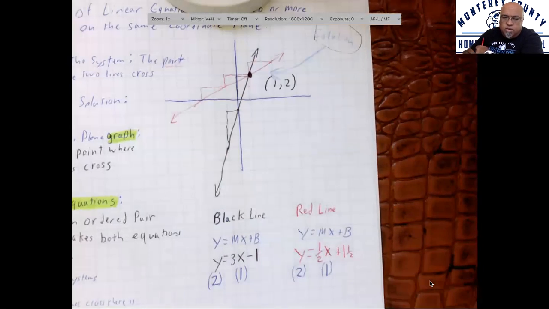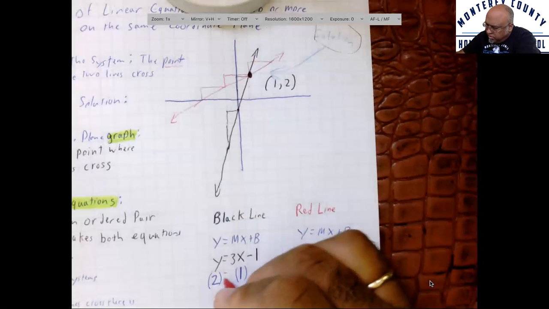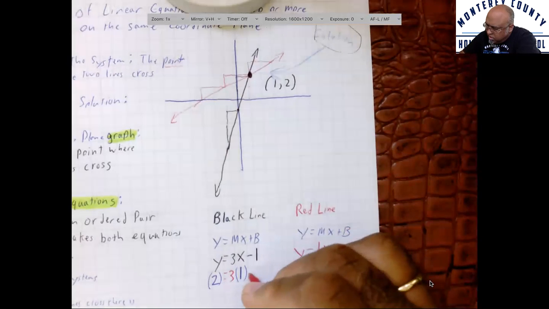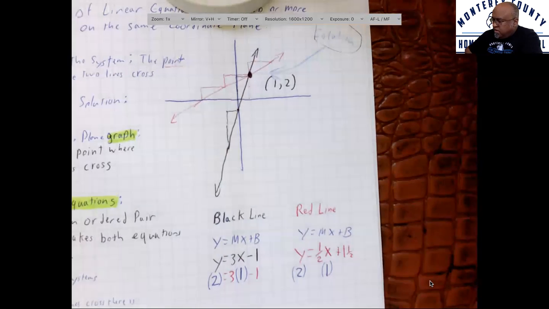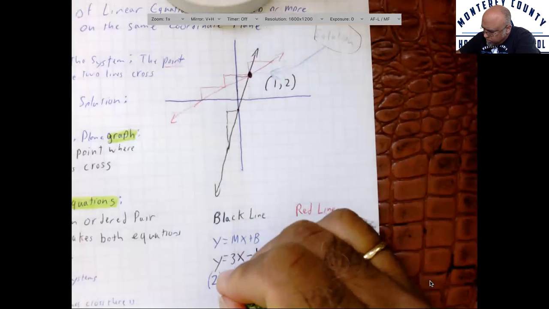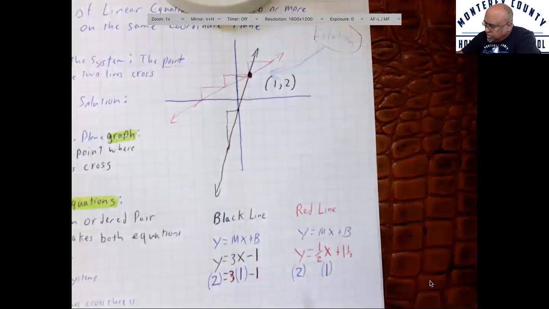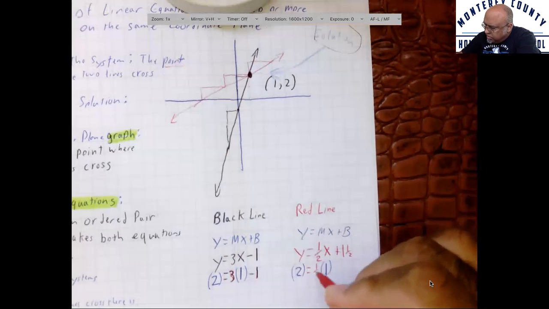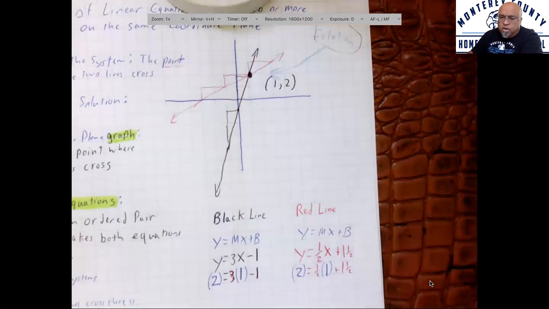When you substitute in, it's a good idea to put parentheses. The parentheses won't mess up anything else in your equation. The point of using parentheses is to make sure that when you substitute in a number, it's going to fit correctly.